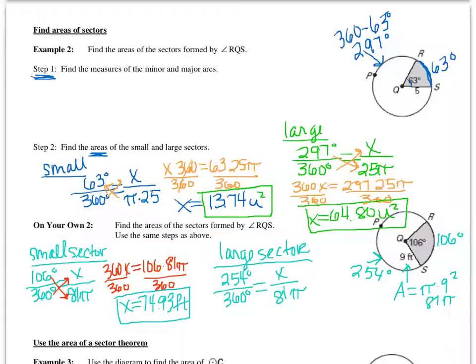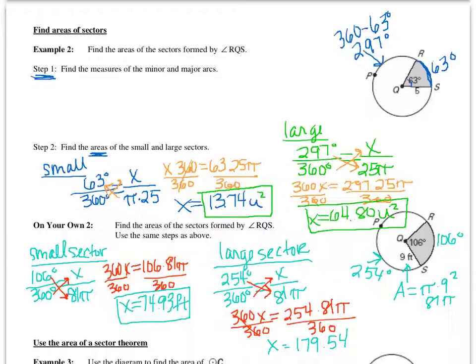Now if we cross multiply that, just like we did on the last problem, here and here, we'll have to say 360x equals 254 times 81 pi. Divide both sides by 360. So that will leave us with our answer here, and we should find that x equals 179 and 54 hundredths, and my unit would be feet squared. And just like on the last one, that should be feet squared as well.